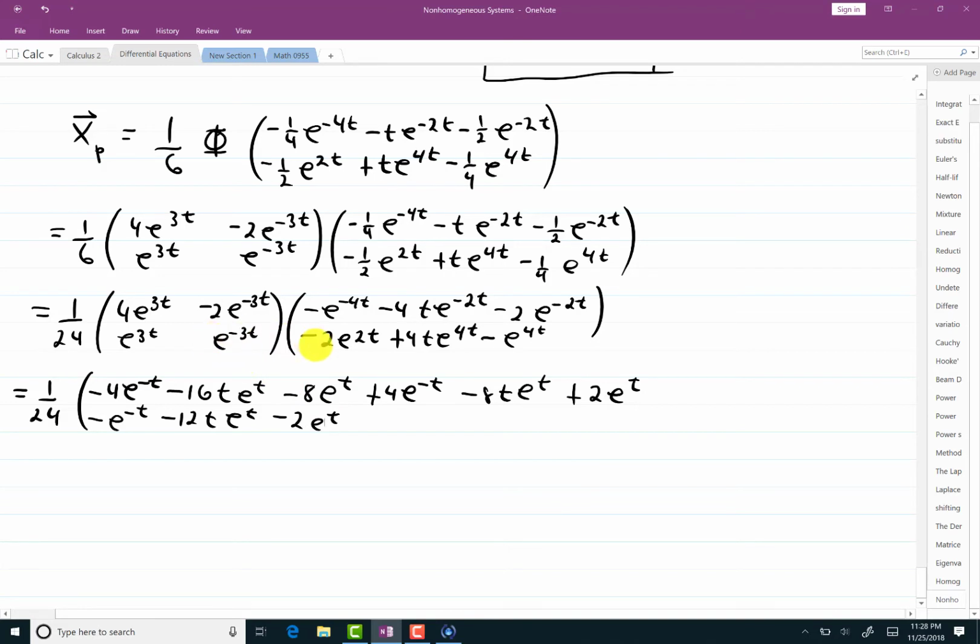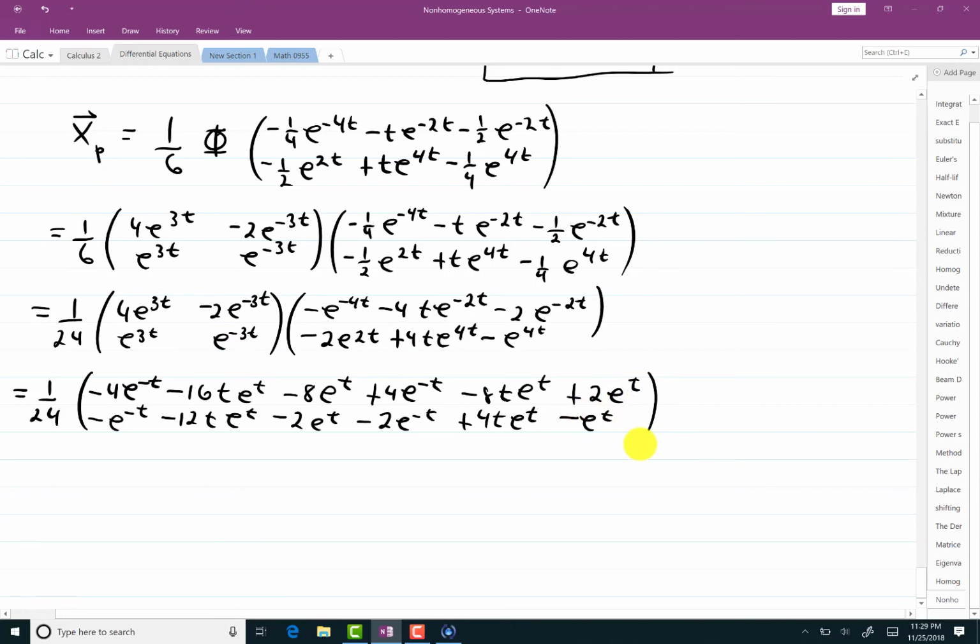And then I'll move on to these entries down here. I'll have negative 2e to the negative t. And then I'll have 4t e to the t. And then I'll have negative e to the t.